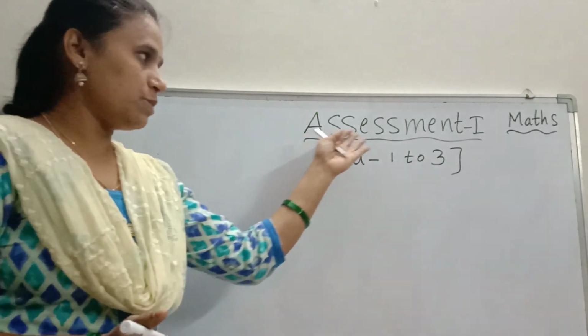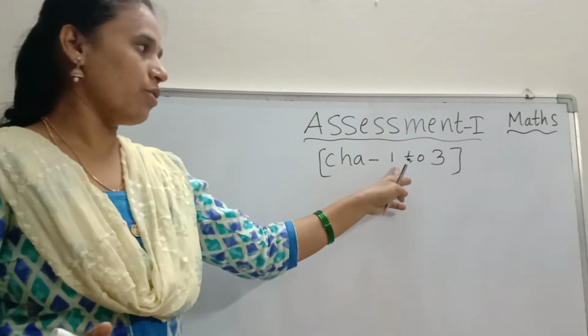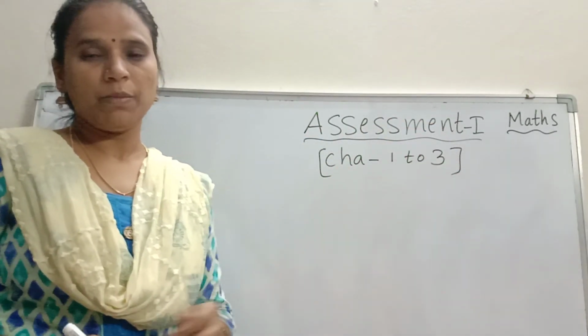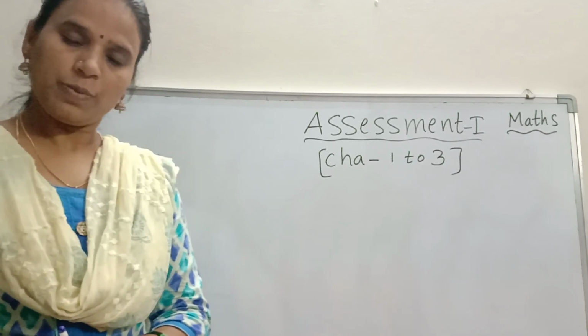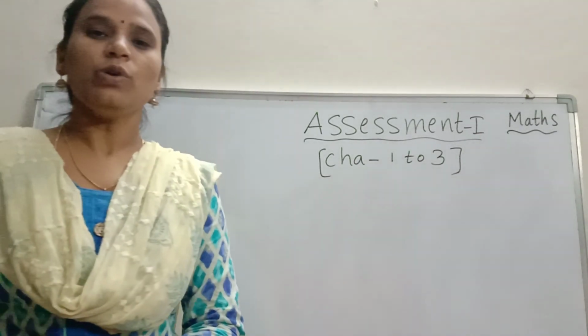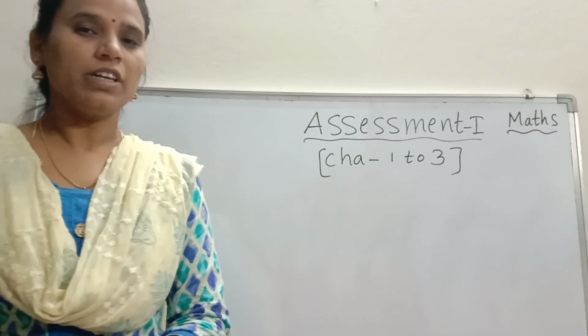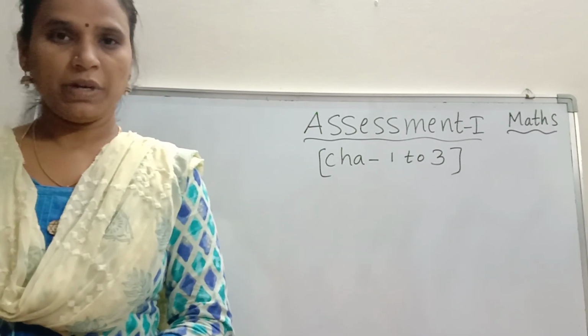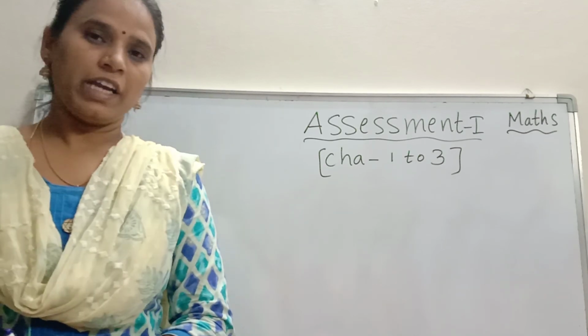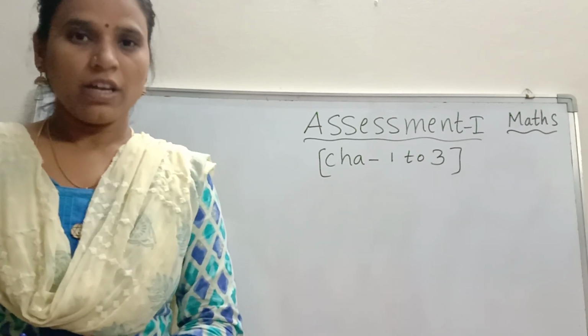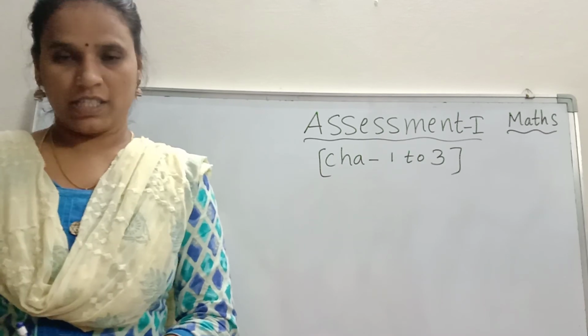About assessment 1 from chapter number 1 to 3. In chapter number 1, what is the topic? Pre-math skills. Second chapter, numbers up to 100. Third one, compare the numbers. Means big numbers, small numbers, greater than, less than, and place values. Right, children? Now you can understand.